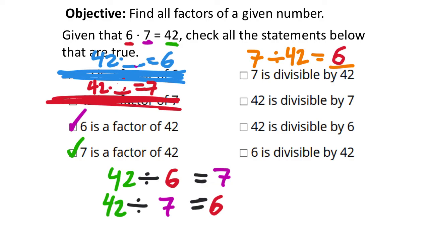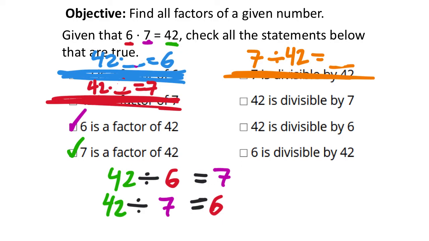But we know this is false. Right there, 7 divided by 42 is not 6. Now, if you switch those, it would be true, but it's not switched. And order does matter with division, so we're going to cross that one out. That one is false. There we go.